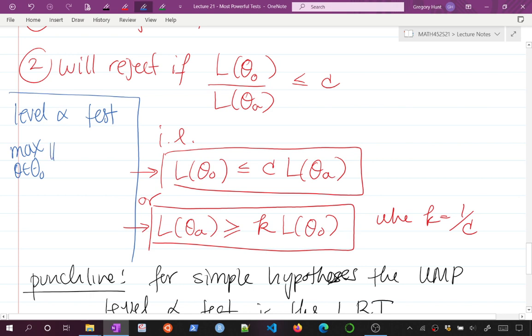In this case, that's the probability that lambda is less than or equal to C for an LRT. We want that to be less than or equal to alpha. Now, I'm maximizing that over my null. There is only one thing in my null, right? So this is the same thing as saying the probability under that one case in my null, when theta is theta naught, that lambda is less than or equal to C is less than or equal to alpha.